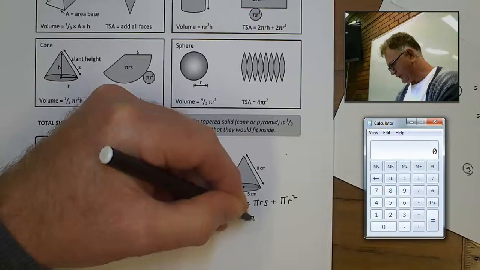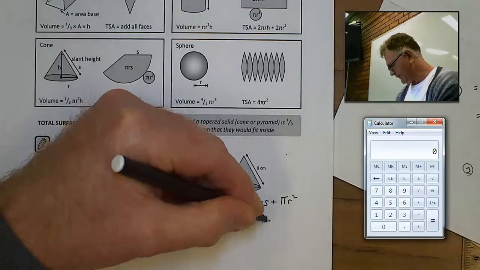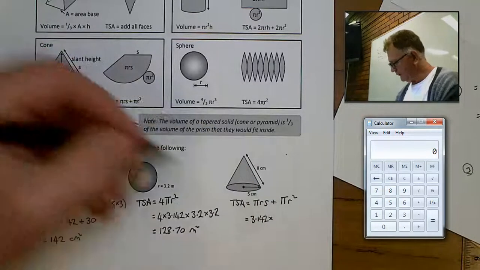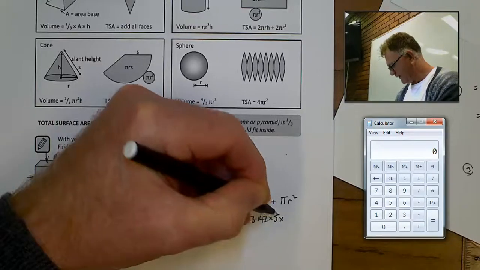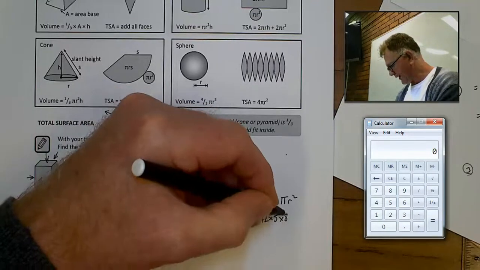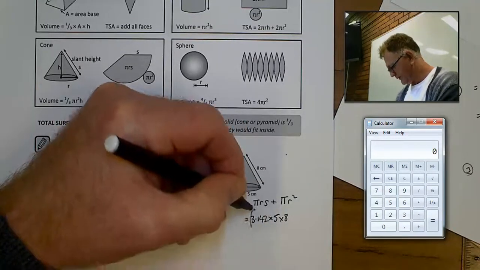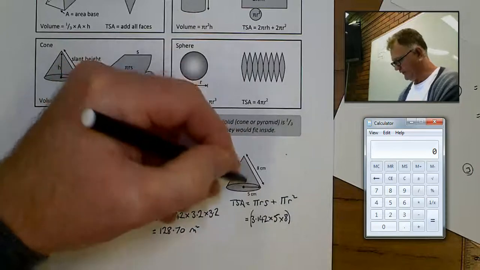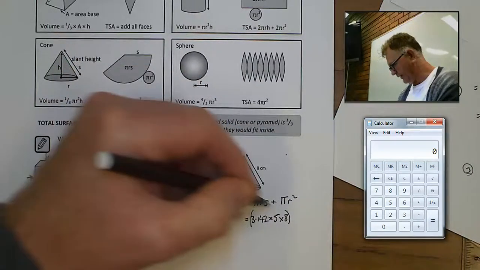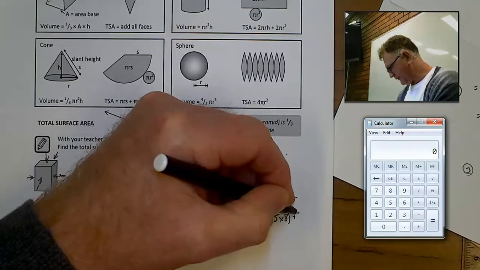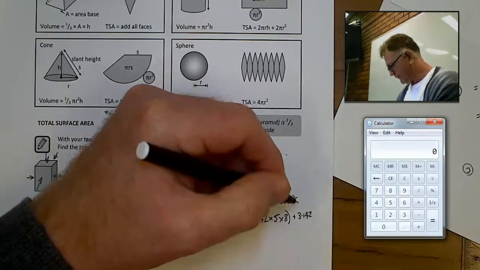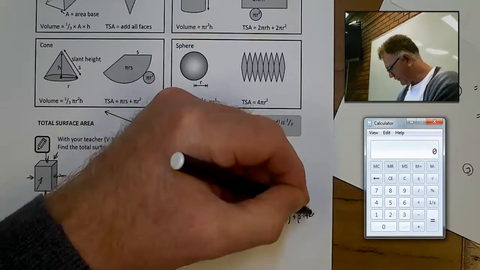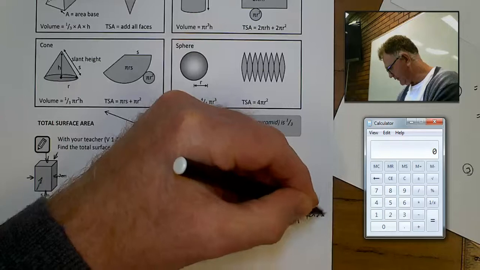So we've got a 3.142 times a radius of 5 times a slant height of 8. That will work out the side bit of the cone, and the base bit is 3.142 times r squared, so times 5 times 5.